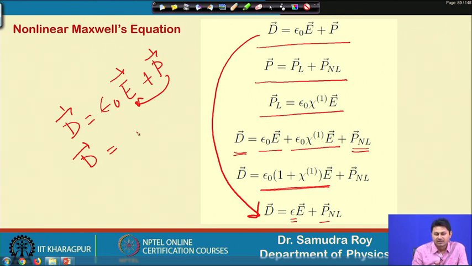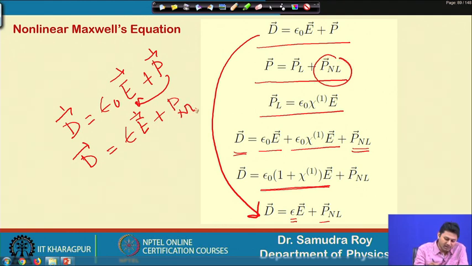We are basically inserting that material information into the system through the refractive index, and that is why this epsilon 0 becomes epsilon, and since the nonlinear part is associated with this, the nonlinear part will be left alone and it will be simply that.